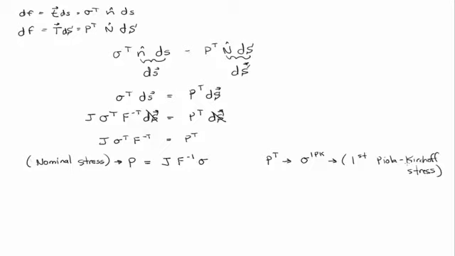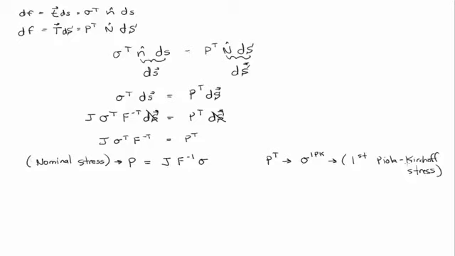Now, I should warn you. How many of you bought Malvern or have a copy of Malvern? Okay, a few of you. I told you Malvern is the most important book in continuum mechanics, and all the notation that we use comes from Malvern. Except this one time. This one time, Malvern actually uses the opposite definition.